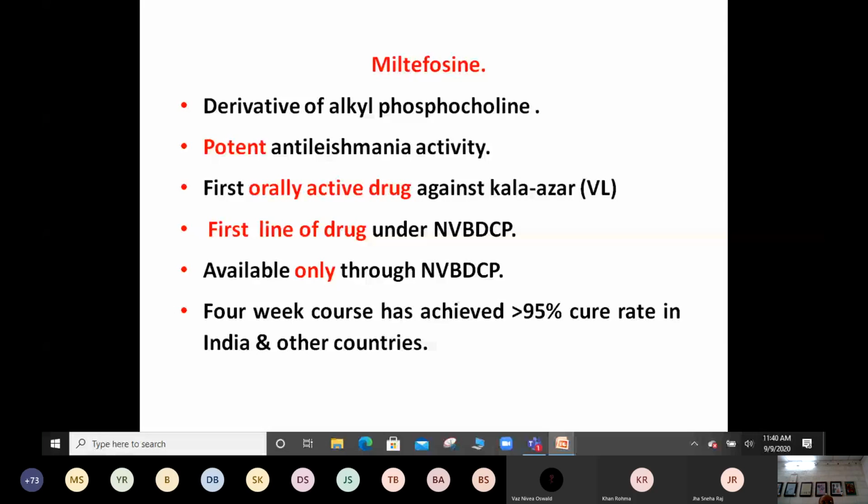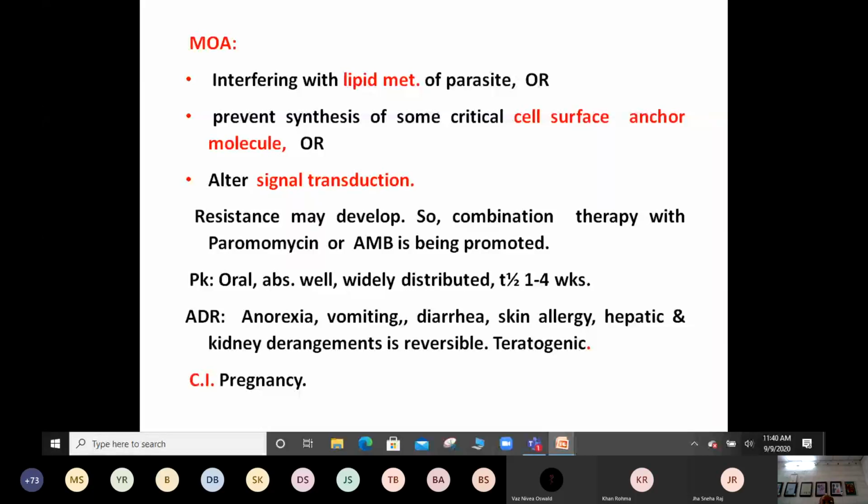Now what is the mechanism of action? This drug interferes with the lipid metabolism of the parasite, according to one theory. Or it will prevent the synthesis of some critical cell surface anchor molecules.